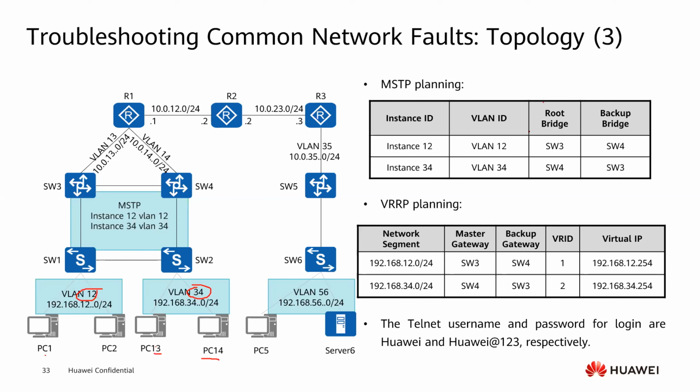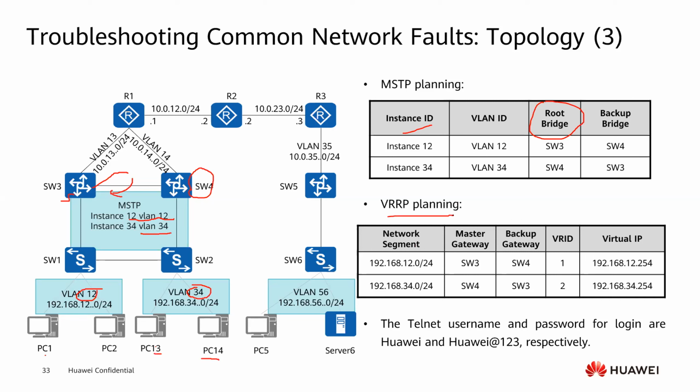Okay, we can see the root bridge. For this instance, SW3 is the root, and for this instance, SW4 is the root bridge, and the other is the backup bridge. So we must run STP root primary or STP root secondary on different MSTP instances.